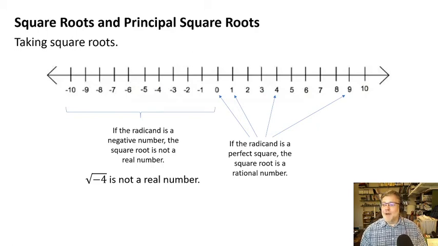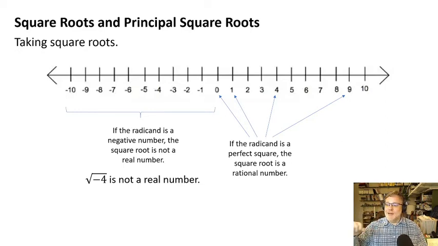There's a second case here in which we are at least non-negative. We could be 0 or positive, and the radicand is a perfect square, like 1, like 0, 4, 9, 16, 36, 100, and so on. In which case, when you take the square root, you get what's called a rational number. And remember, we've been talking about what rational numbers are. When you think of the word rational, think of the smaller word ration, or even the smaller word ratio.